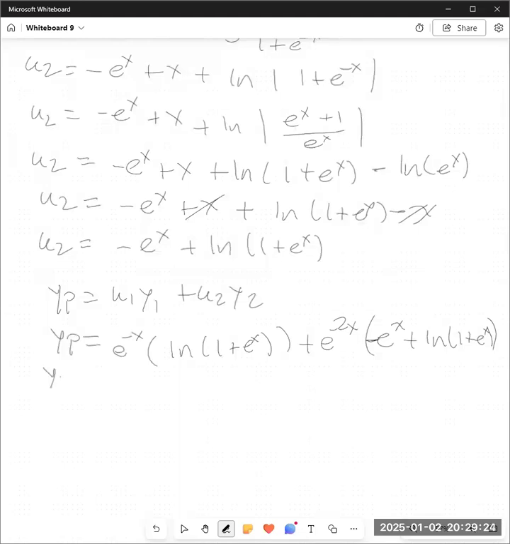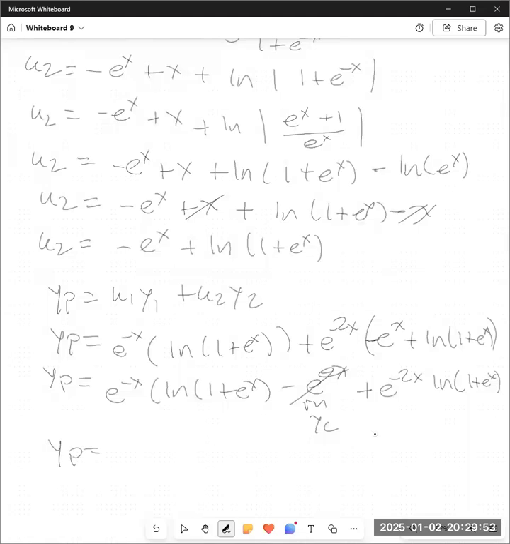So yp is e to the negative x ln of 1 plus e to the x minus e to the negative x plus e to the negative 2x ln of 1 plus e to the x. And this is already in yc, so I don't need that.